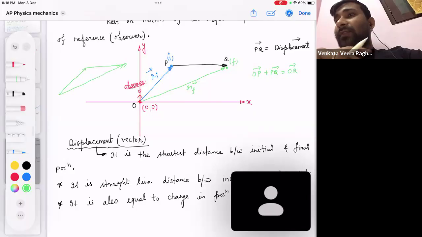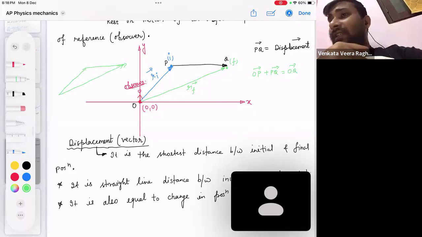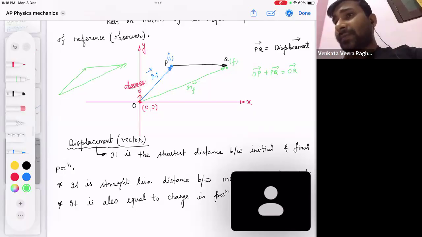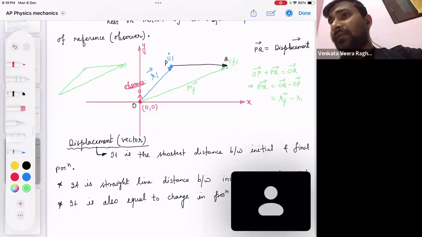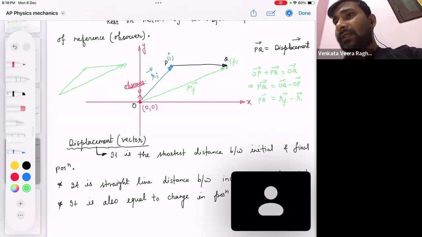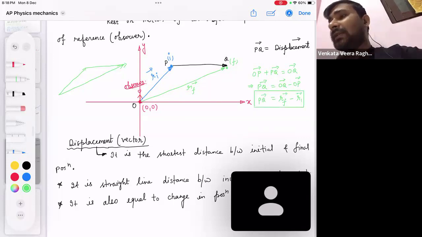So OP vector plus PQ vector is OQ vector. That means PQ vector is OQ vector minus OP vector. Check the symbols: OQ vector represents the final position vector, minus OP vector, which represents the initial position vector. So is it clear about all the definitions of displacement?